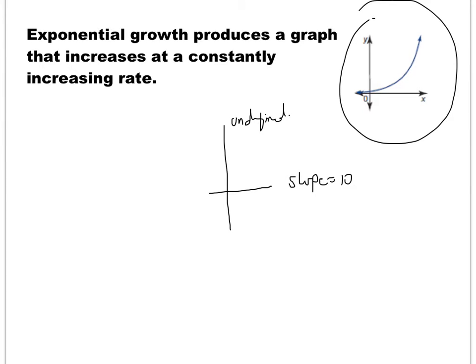We can think of undefined as something like infinite. Now, if at any point on this graph I draw a line which is tangent to the graph, you can see that the slope starts from 0 and keeps increasing until it gets to undefined, which is about infinity. This type of graph represents an exponential growth function.